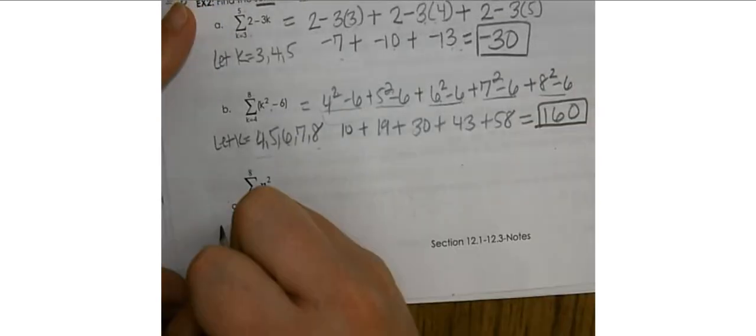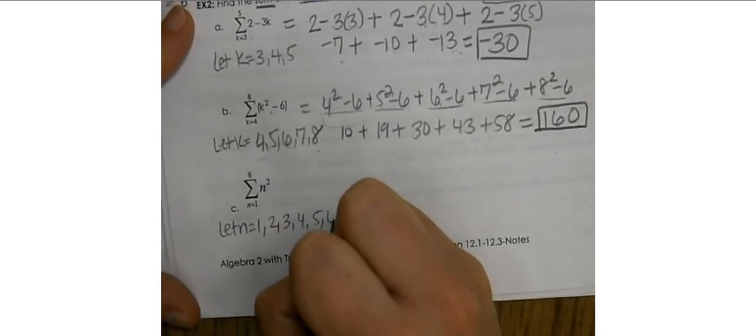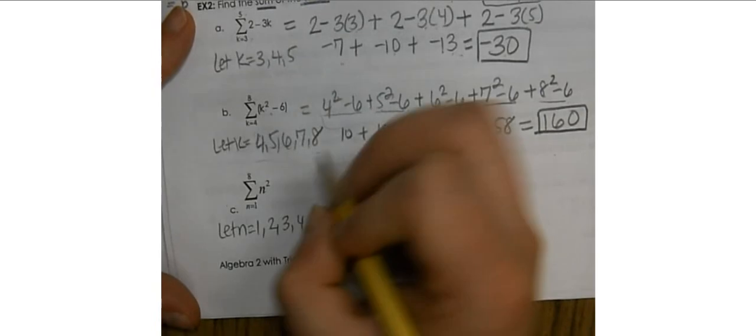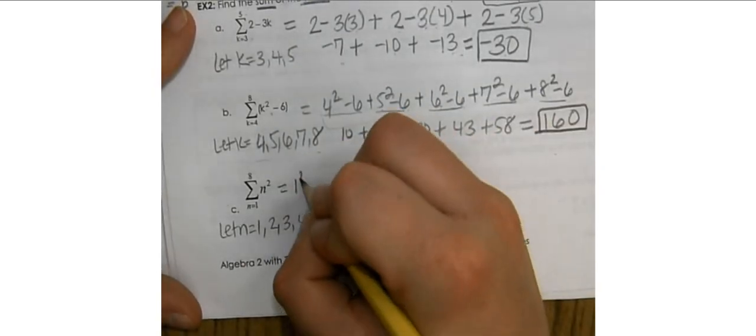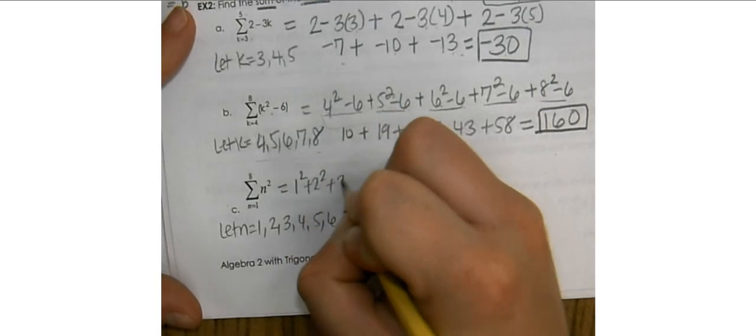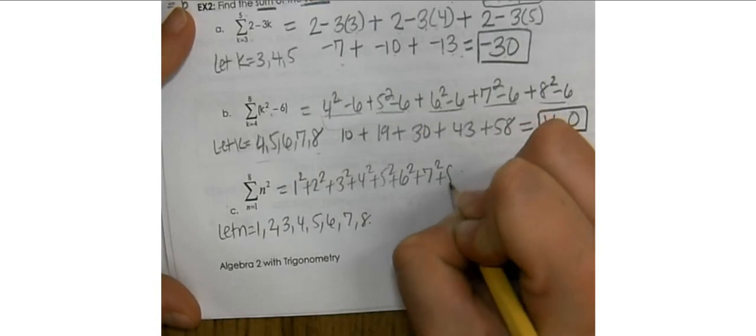All right, so for this problem, I want you to let n equal 1, 2, 3, 4, 5, 6, 7, and 8. And plugging those values into our rule, I have 1 squared plus 2 squared plus 3 squared plus 4 squared plus 5 squared plus 6 squared plus 7 squared plus 8 squared.